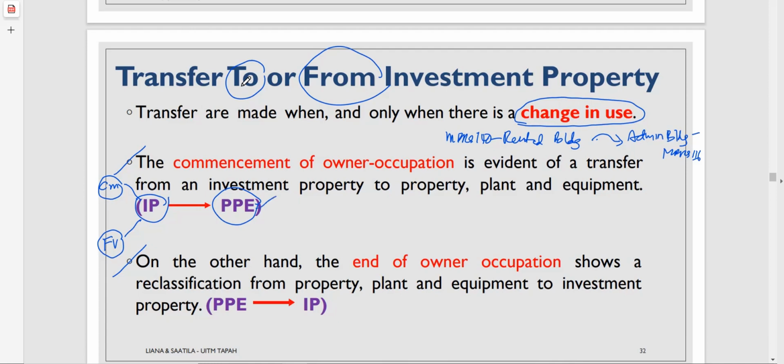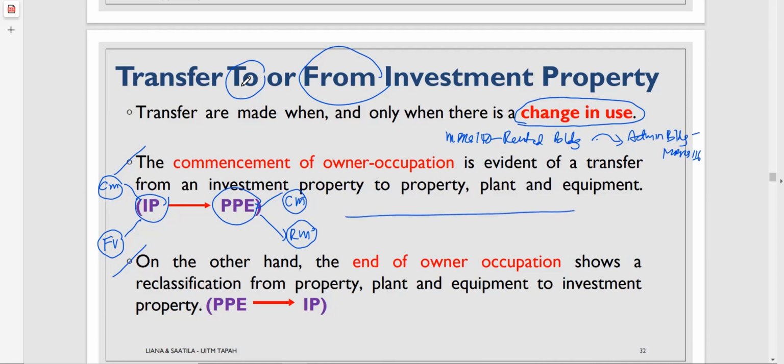Under PPE, you will use the cost model or the revaluation model. I put here as RM. So the issue is, when does that take place? It would be on the date of transfer.